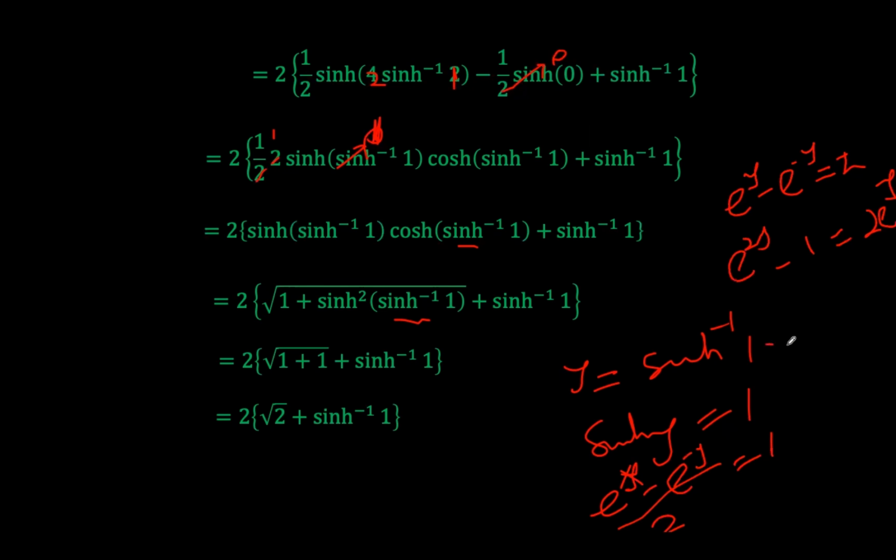And so e to the power 2y minus 2 times e to the power y minus 1 is equal to 0.